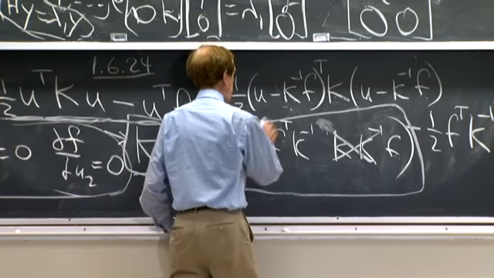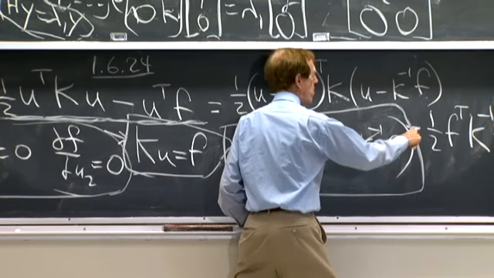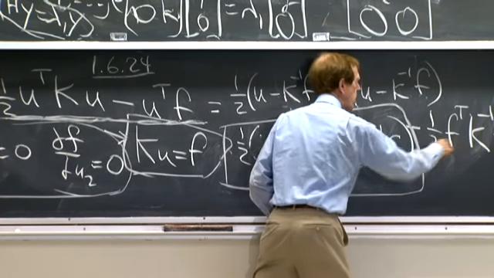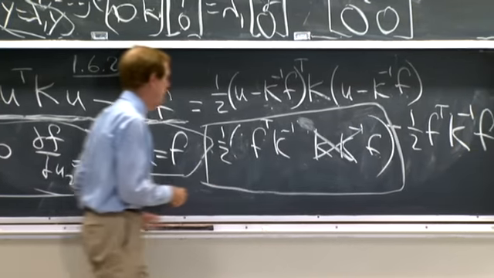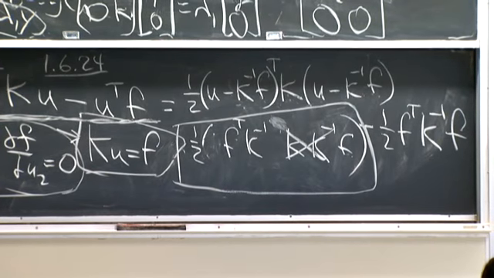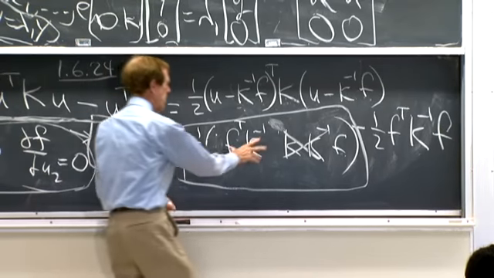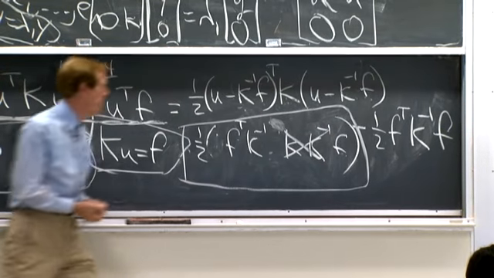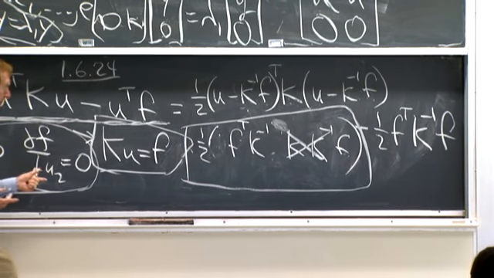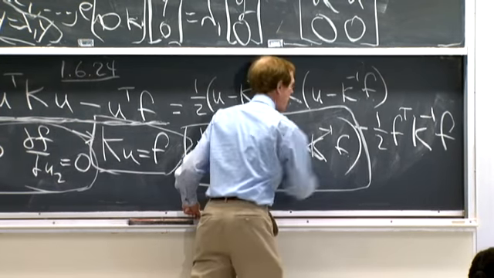In other words, this term will show up, and this term is, oh, no, sorry. I was going to goof here. I was going to say this is the same as this, but it's not, right? Why not? Because it's positive, and this guy is negative.